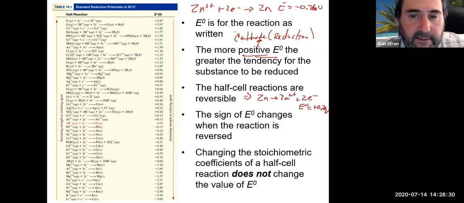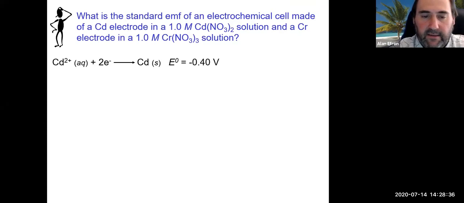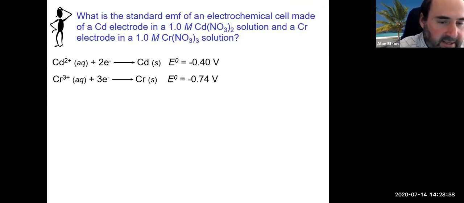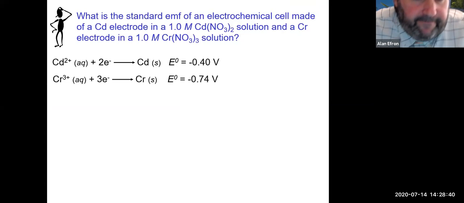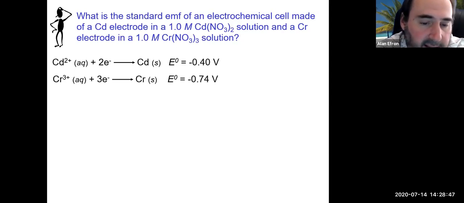All right. So let's take a look here. Why don't you try this? Why don't you calculate the standard EMF of the cell, or the cell voltage, for an electrode made up of cadmium and chromium. And these are the SRP values that you find from the table. Why don't you write the balanced overall net ionic equation that's happening?